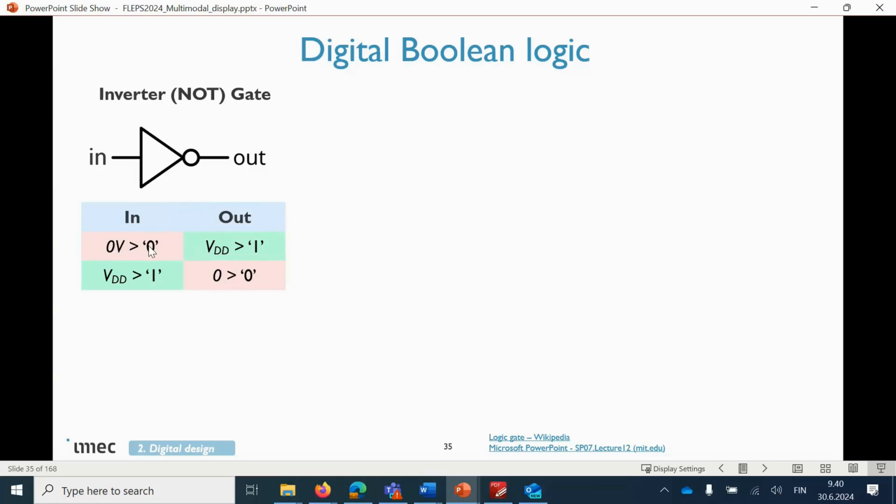We can have a low, 0 as we call it, or 0 volts in reality, or we can have a VDD, so high voltage, which is 1 in the logic. And then what this gate does is invert whatever is at the input. So if you have a 0, you get a 1 at the output and the opposite.